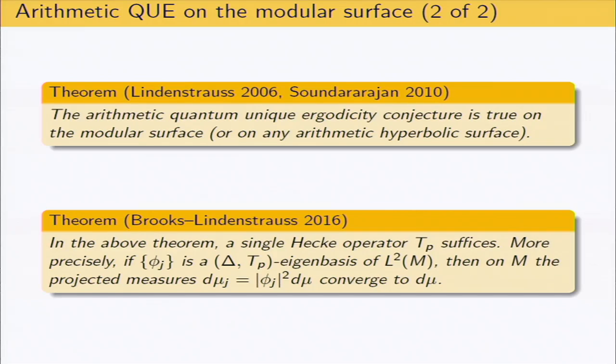It's enough to assume that the phi_j's are only eigenfunctions of the Laplace operator and a single T_p. That's already enough to ensure that, at least at the level of the surface, the d mu_j's tend to the uniform distribution. That's it. Thank you very much for your attention.